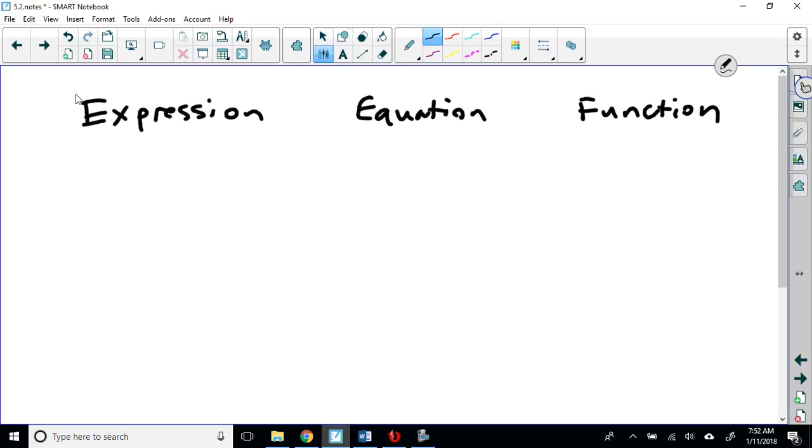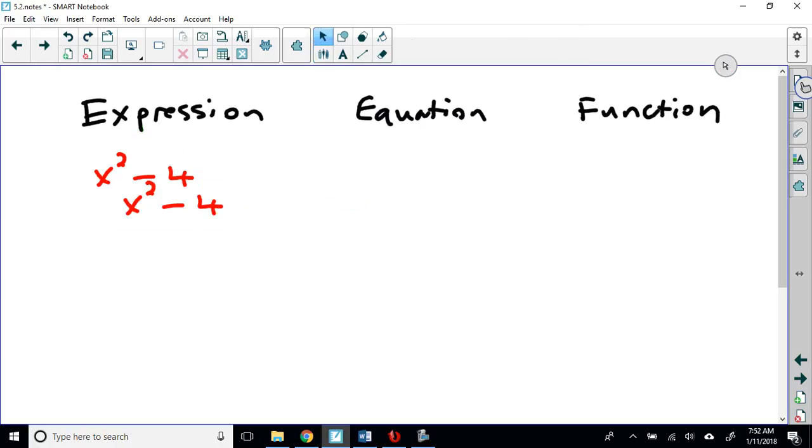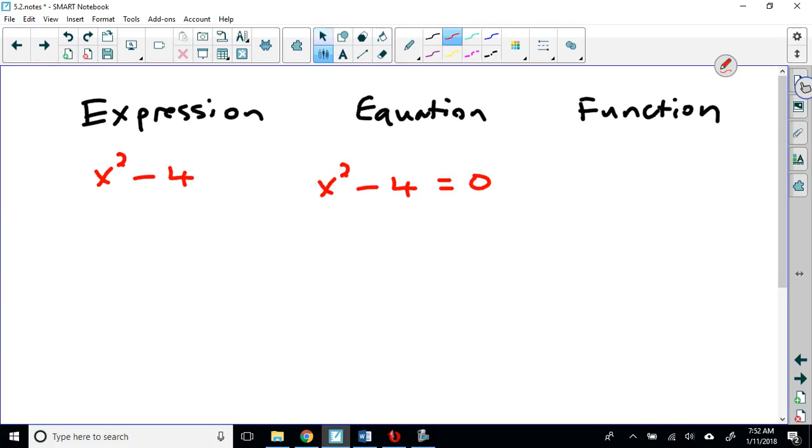Okay? They're all going to have the exact same part in them, but they're expressed in different ways. What I mean by that is if we had something like x squared minus 4, that is an expression. There's no equal sign. If we take that exact same thing, that x squared minus 4, and now all of a sudden we draw a rogue line across the screen and we put an equal 0 next to it, then that becomes an equation.